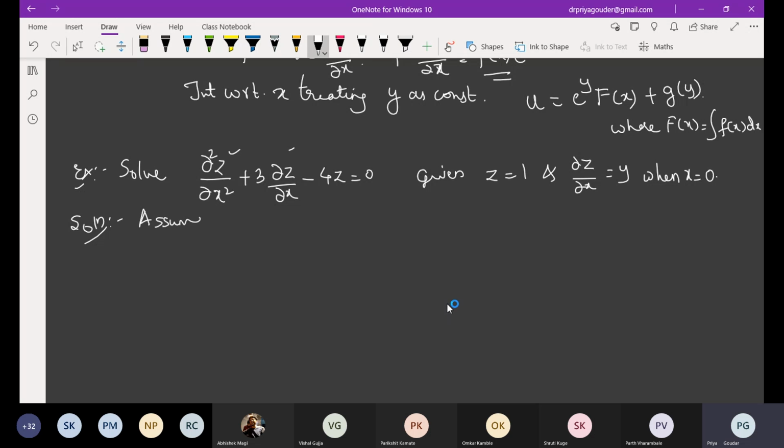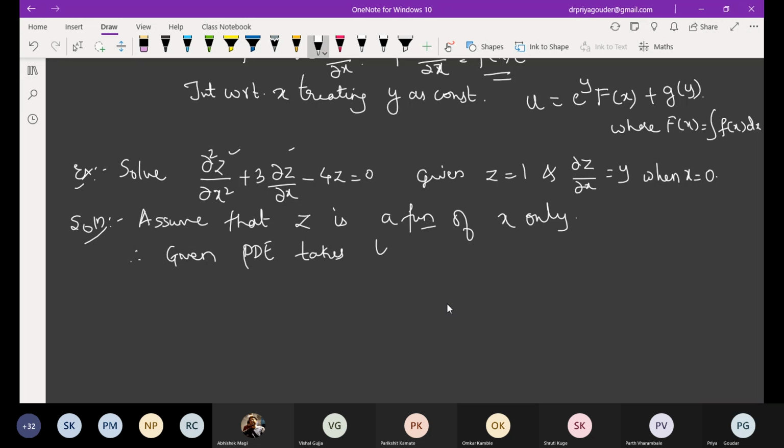What is the first thing? Assumption. What is that? We have to assume Z is a function of X only. That is important again. Z is a function of X only. Therefore, the given PDE takes the form of an ODE.